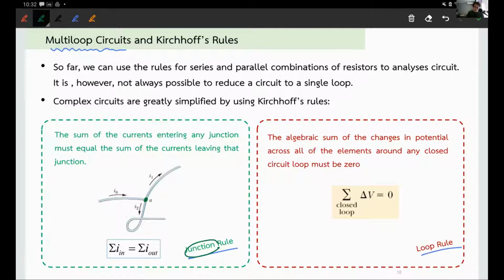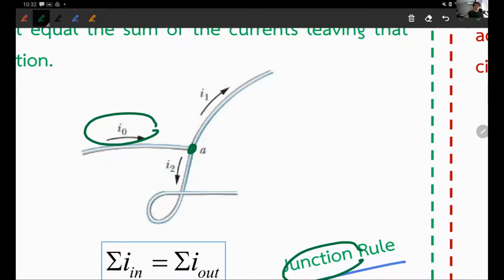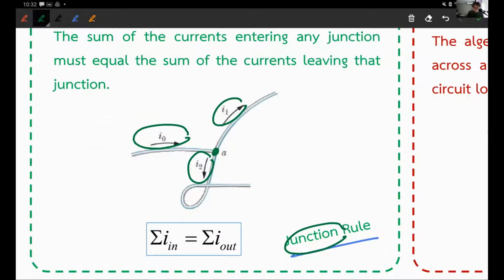For example, if there is an incoming current into junction A, as you can see right here, the current has to flow out. If you have two currents flowing out, in must be equal to out because of the conservation of charge. That's the junction rule. It's a simple, intuitive rule: the total current in must be equal to the total current out.